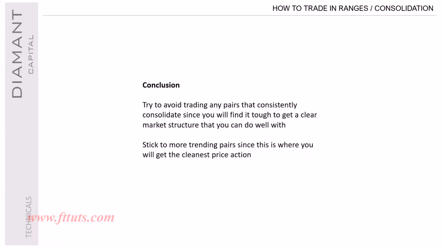Now, in conclusion, try to avoid trading any pairs that consistently consolidate, since you will find it's tough to get a clear market structure that you can do well with. Stick to more trending pairs, since this is where you will get the cleanest price action.